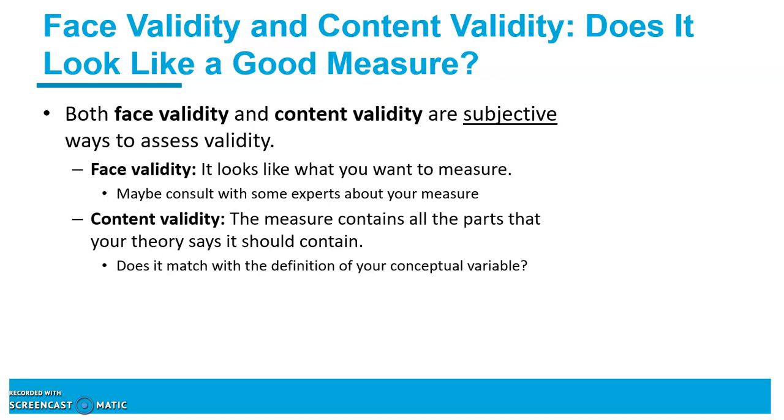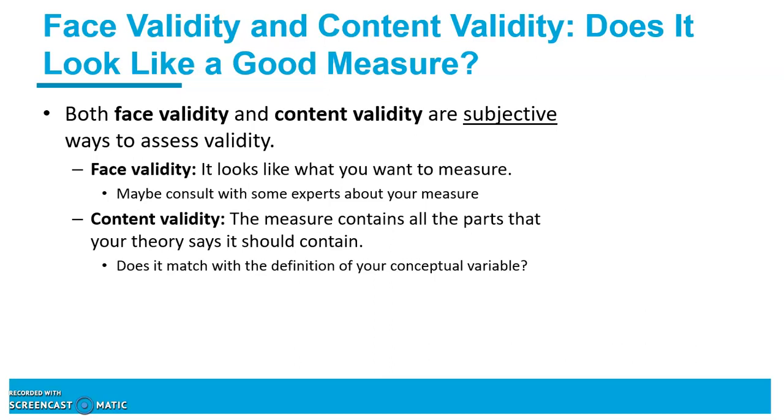You know basically what kind of things people should say or respond when given a survey if they're satisfied with their life. So does this survey seem to capture that really well? Or if somebody's depressed, or if they're anxious, what kind of things would you expect them to respond in a survey? Or what kind of questions would really get at that?